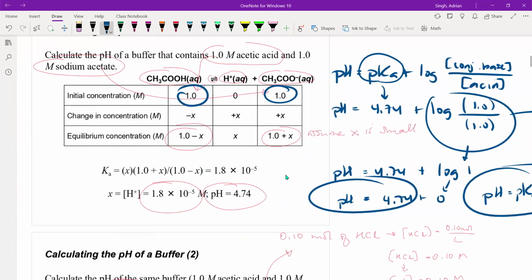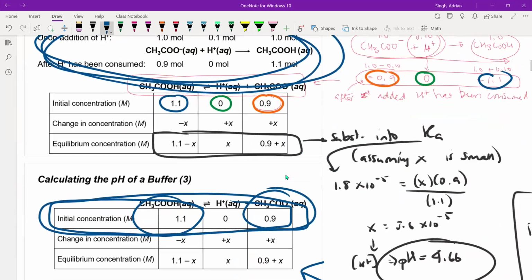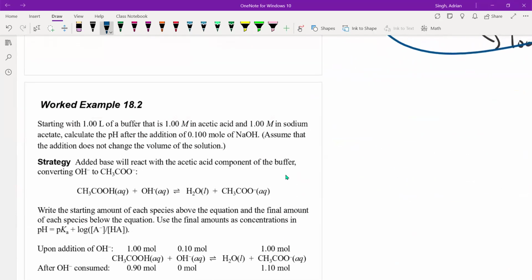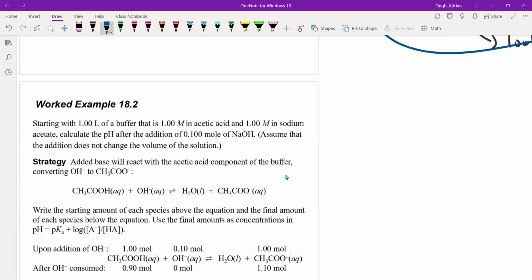Okay, let's take a look at one more example of calculating the pH of a buffer. And now we're going to take a look at having the same or very similar situation. We're going to have an acetic acid system again.